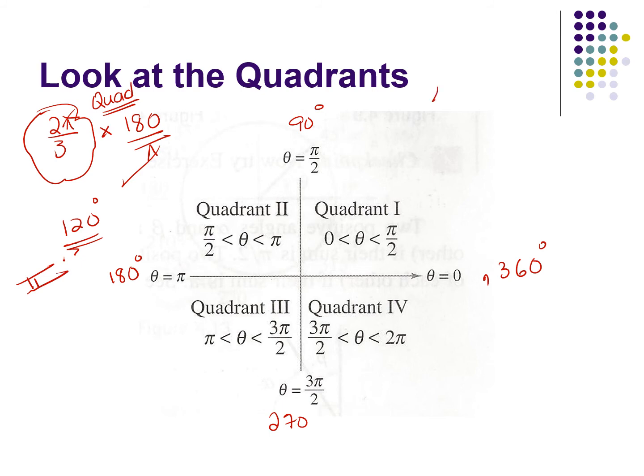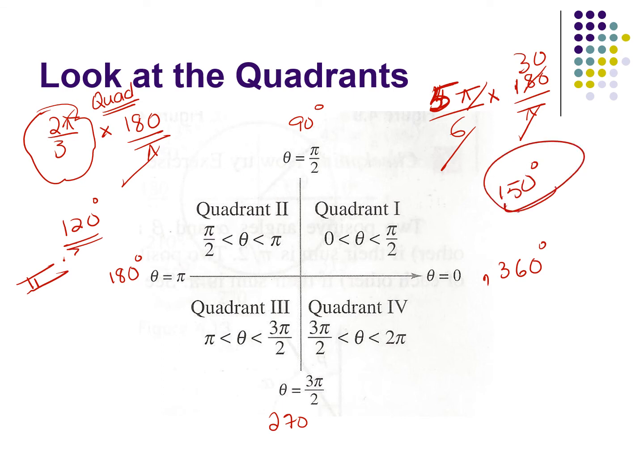Let's suppose I ask what is the quadrant of 5 pi over 6. Convert it into degrees by multiplying by 180 over pi. Solve it: 6 times 3 is 30, 5 times 30 is 150 degrees. Now 150 degrees lies in the second quadrant.